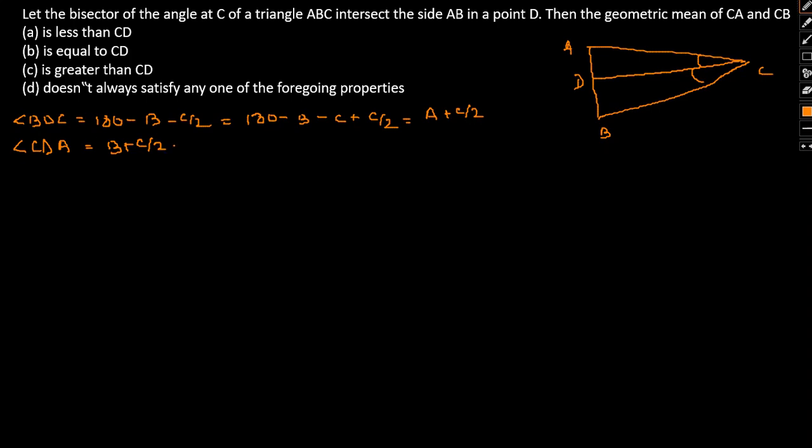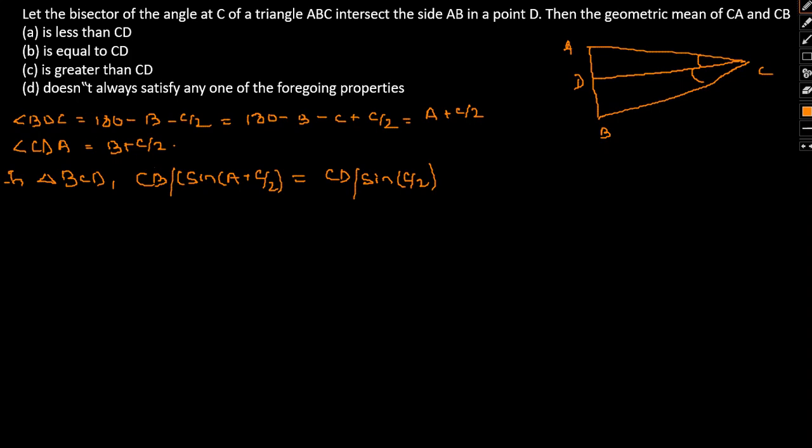Now in triangle BCD, CB by sine (A plus C by 2) is equal to CD by sine (C by 2).